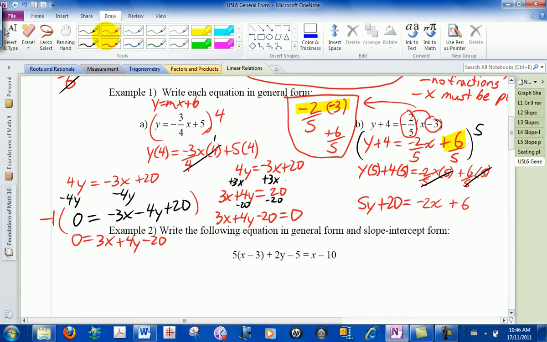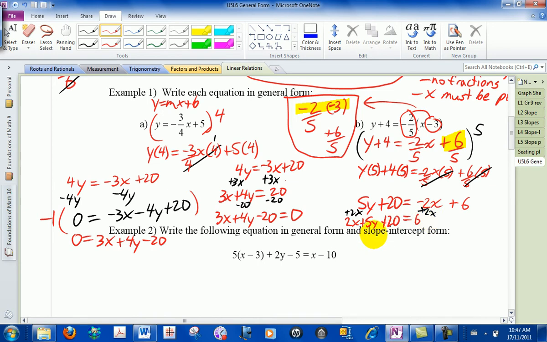Okay. So now, do you want to move everything to the right, or move everything to the left? Yeah, to the left, because then your x becomes positive right away. So I'll show lots of work here. Plus 2x, plus 2x. So we get 2x plus 5y plus 20 equals 6.